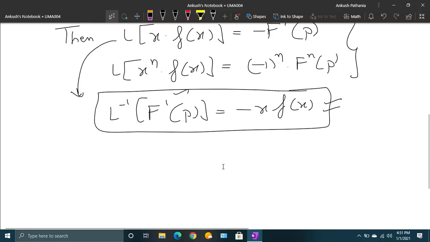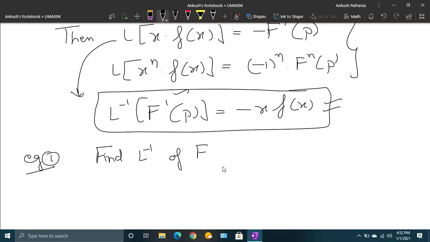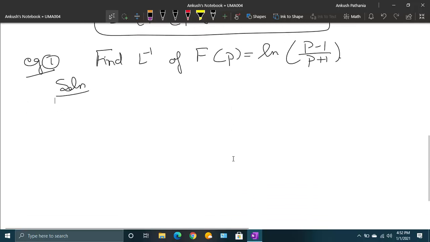Now what type of questions can be solved using this? For example, let us start. Find the Laplace inverse of F(p), where F(p) is ln of (p minus 1) over (p plus 1). So this is the Laplace inverse that I have to find.